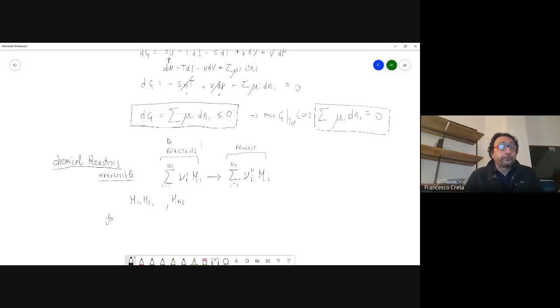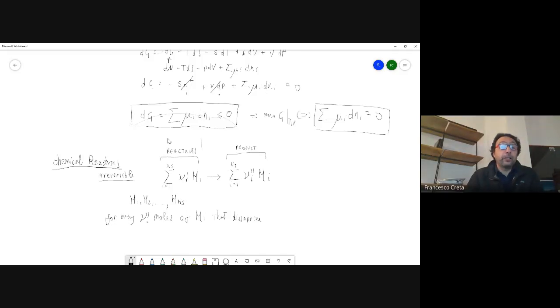That for every nu_i prime moles, okay, of the species Mi, that are disappearing from the reactants, okay?